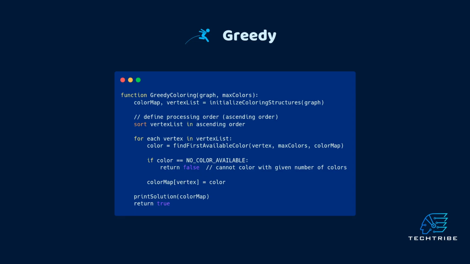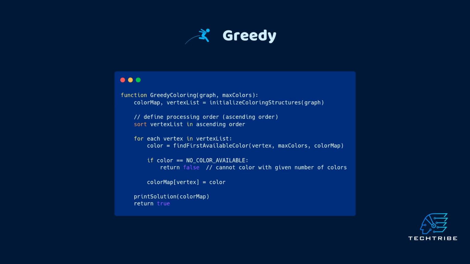If there is no color available, we return false because we cannot color with the given number of colors, and otherwise we assign the color to that specific vertex on the colored map. We then print the solution and return true.